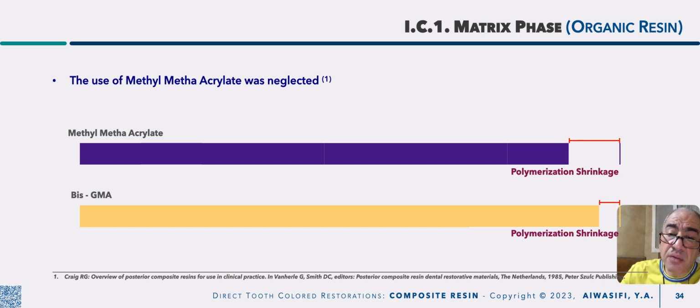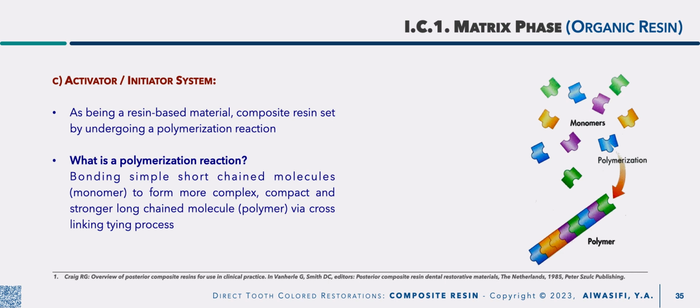Then come the activator and the initiator system. When you think about binding short molecules with each other to form larger ones, which is the polymerization reaction, it is considered as bonding simple short chain molecules, which are monomers, to form more complex, compact, strong, long chain molecules. You need ties to tie these short molecules with each other, which are the free radicals. From where could you get the free radicals?